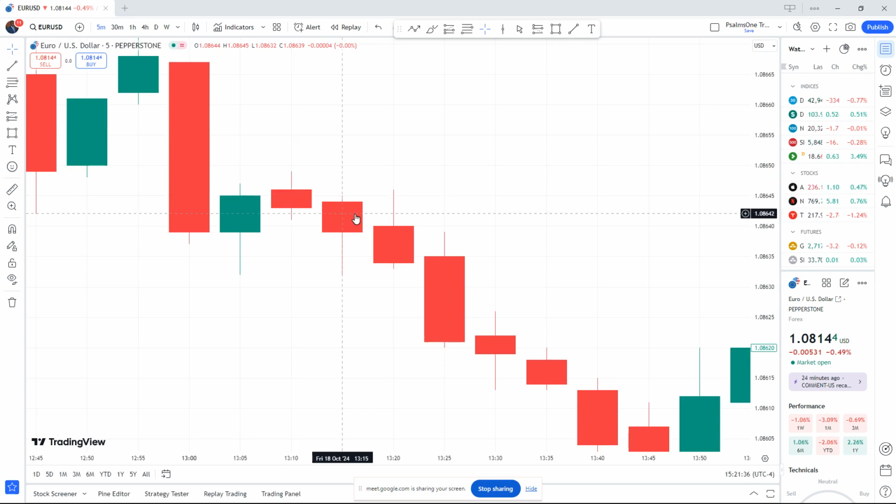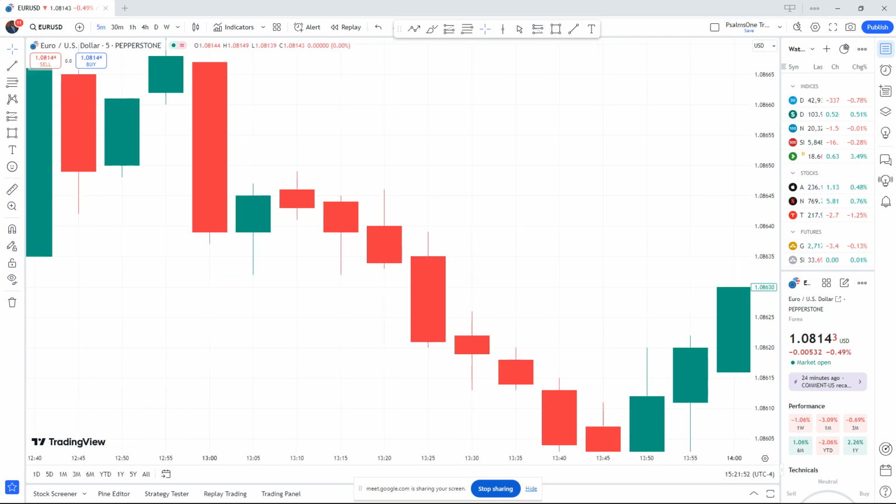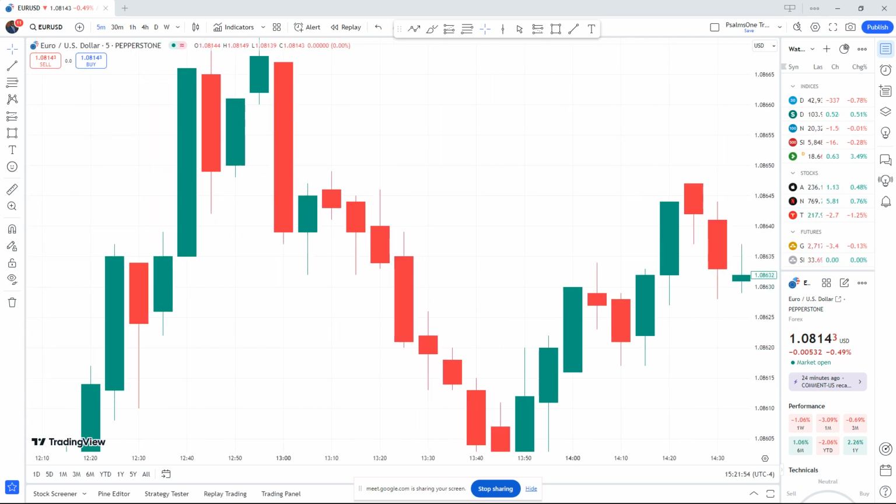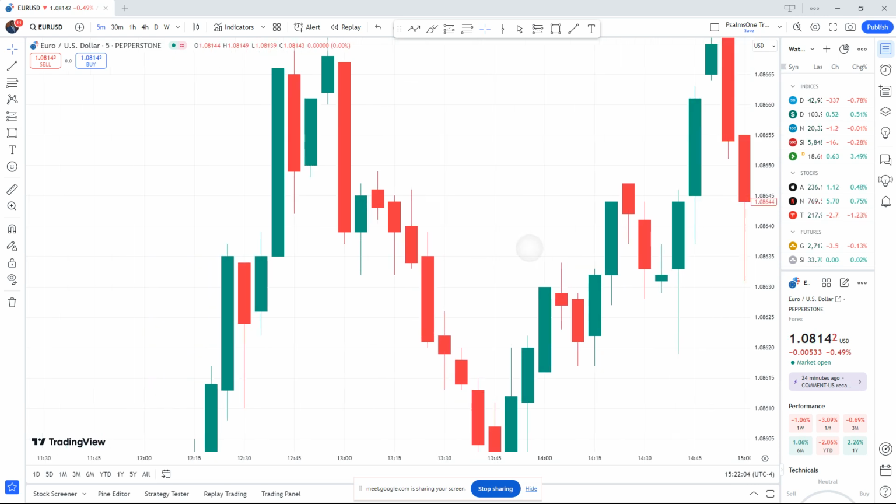You are already expecting that when price gets to this third point, it will go up. So when price now goes here, you see a green hammer candle formed. The hammer is telling you that a lot of buyers here wanted to buy this market at this price level. So that's a signal.